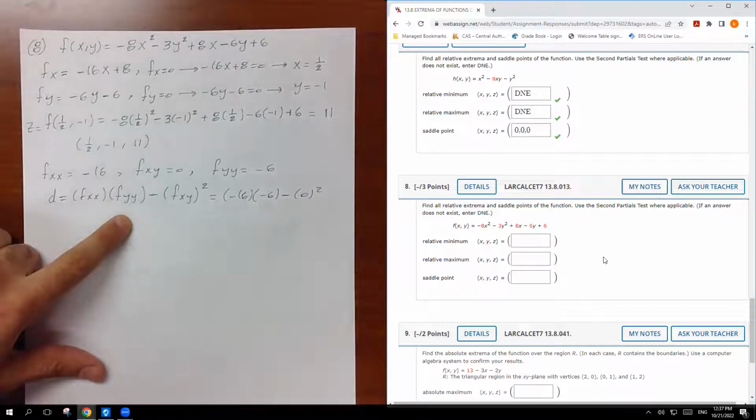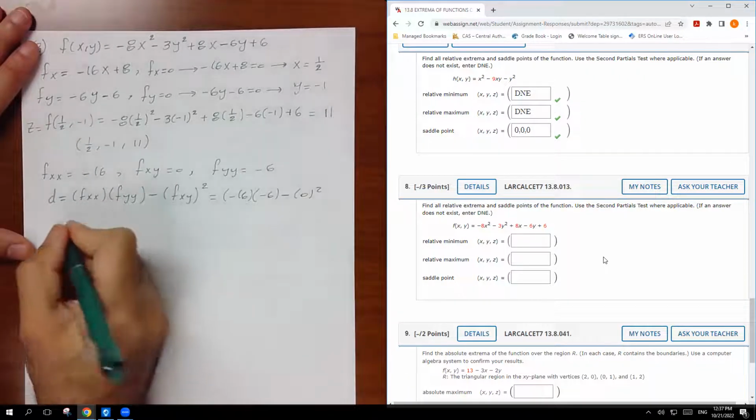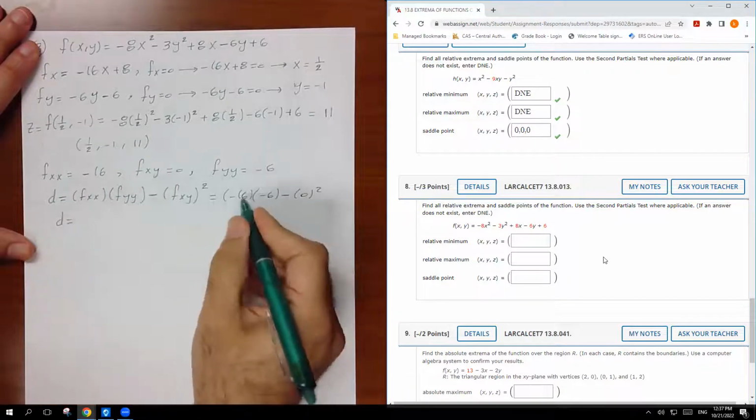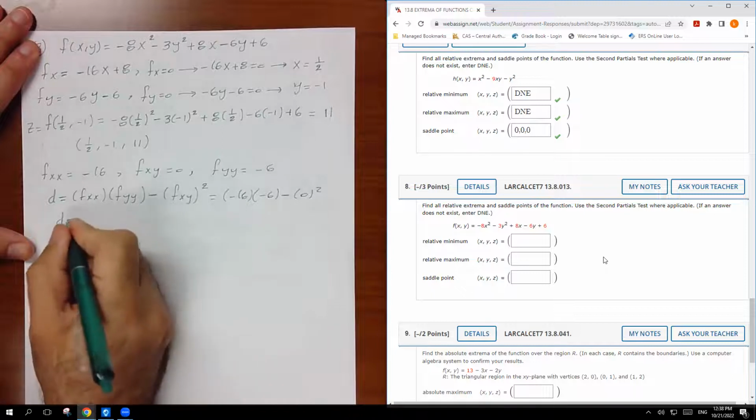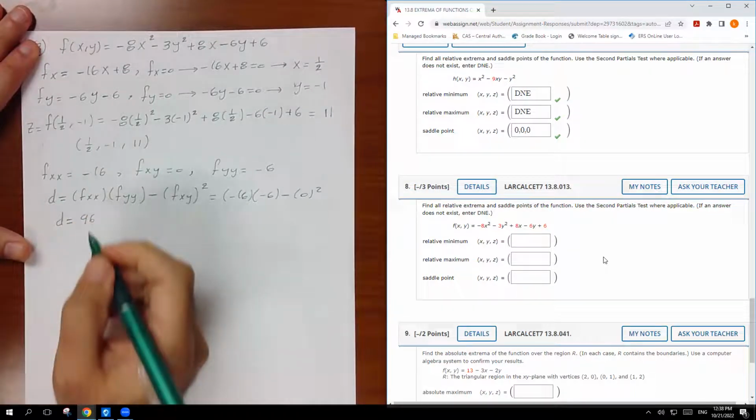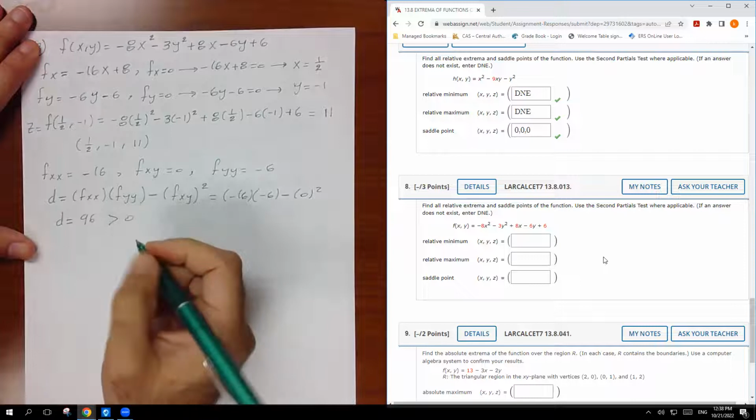So it's going to be 16 times 6, which is 96. That means D equals negative times negative is positive, so positive 96, which is greater than 0.